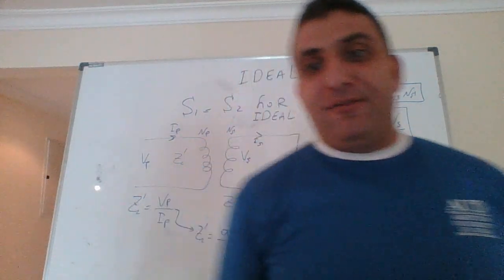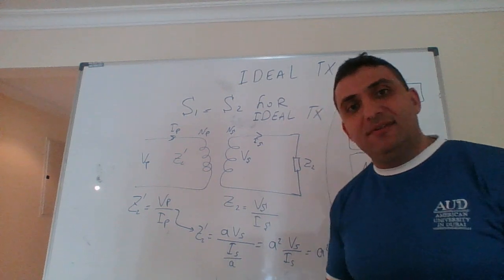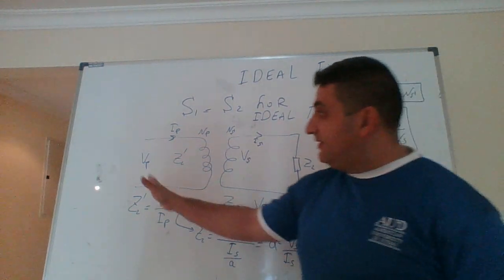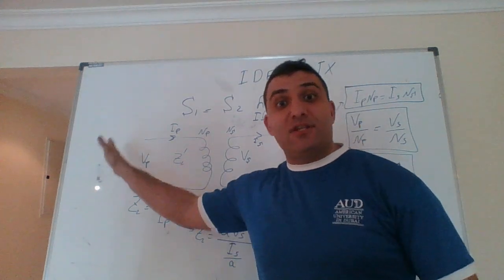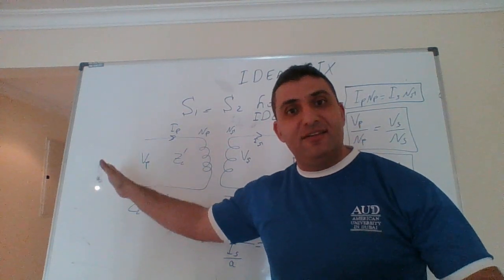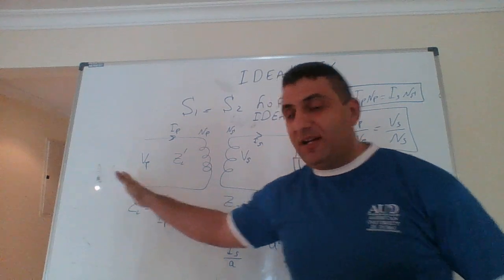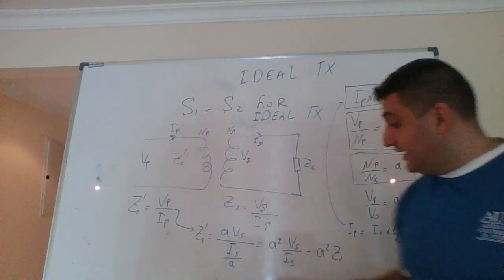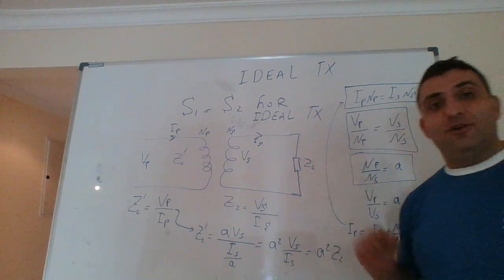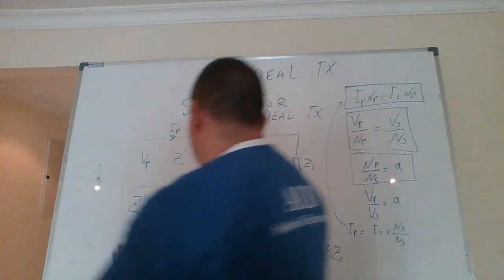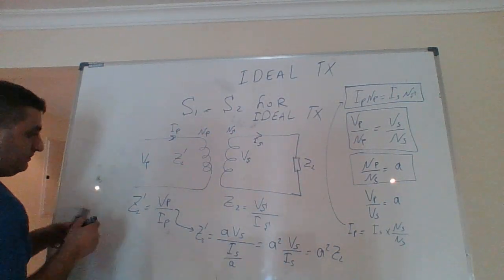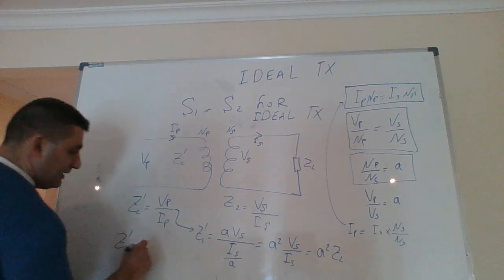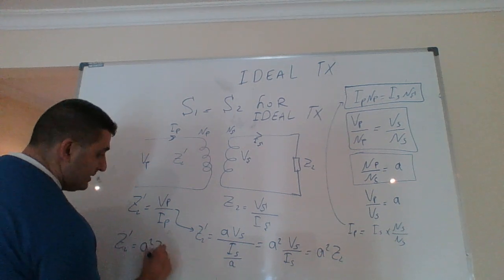So, from this scenario, I can clearly see that the impedance seen from the source on the primary side of the transformer is A squared, which is Np over Ns squared, times the connected load. So now I can put the relationship Z2 dash is equal to A squared Z2.